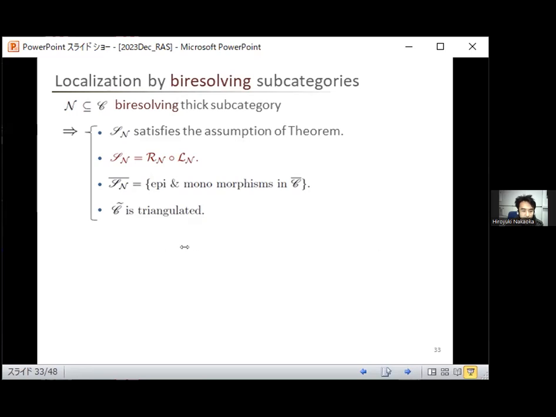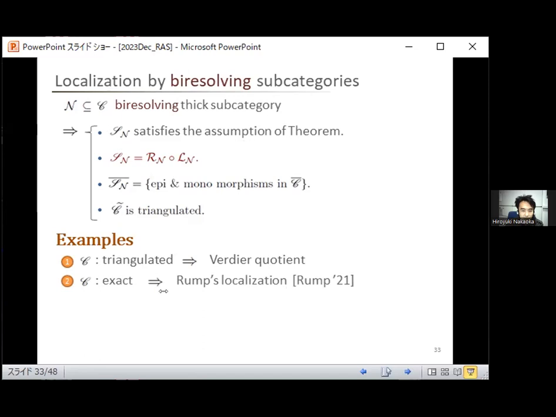Now, this case recovers the following examples. So if C is triangulated, then this is nothing but the Verdier quotient. And if C is exact, then this recovers Rump's localization.